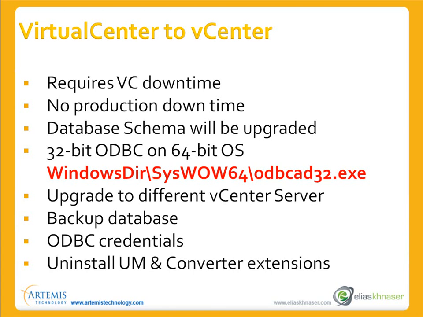That way you don't have to install any other components, so you don't have to install the licensing component. You're going to a fresh server. The database schema has already been upgraded. All you would have to do is install Virtual Center, point it to the existing database server which has already been upgraded, and voila, you're done. You don't have to install any other components. So I would leave that to the end, but that's just my advice.